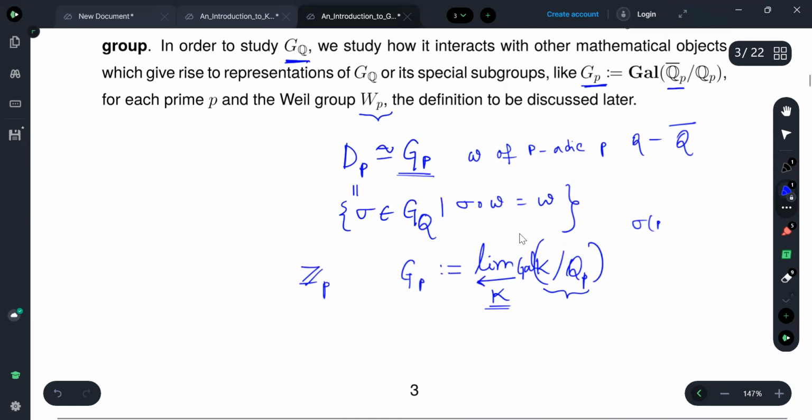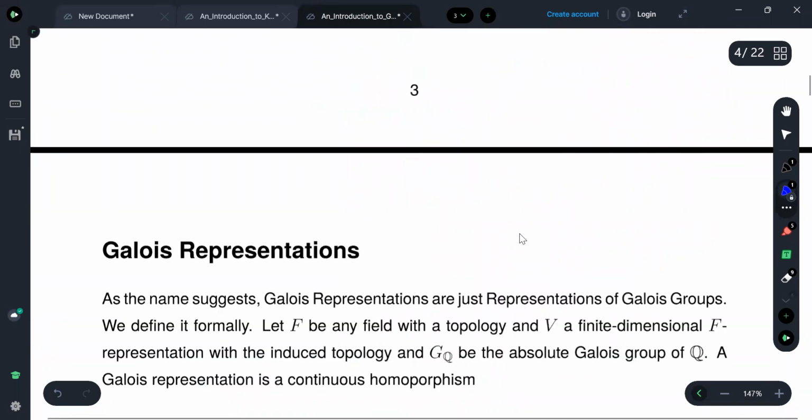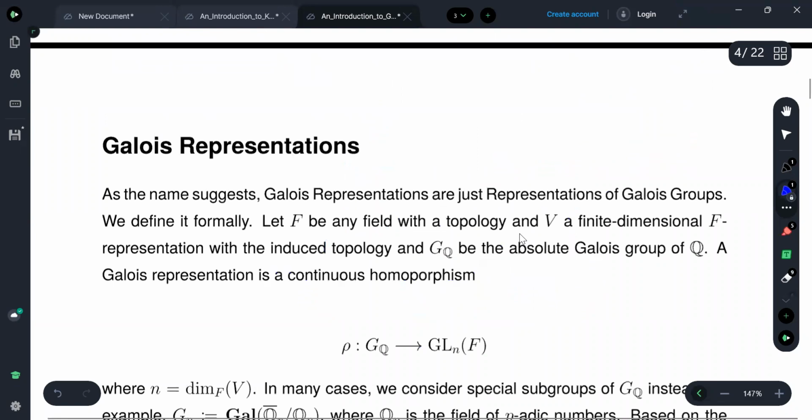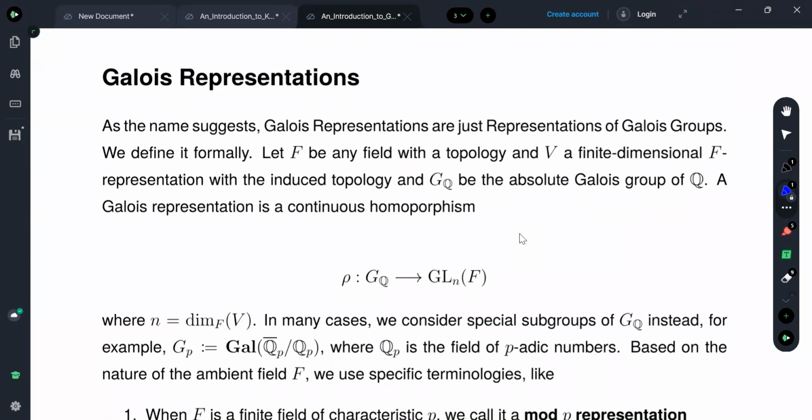Okay, thank you. So now we give the definition of a Galois representation. We mainly consider topological fields while considering a Galois representation, but we sometimes also give the discrete topology to the vector space we are considering. So let F be a topological field and V a finite dimensional F vector space.